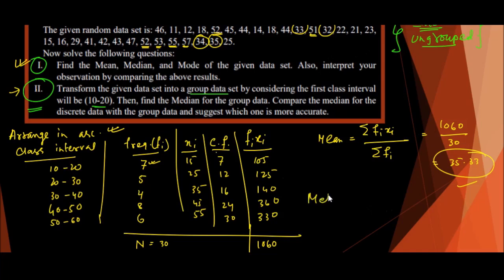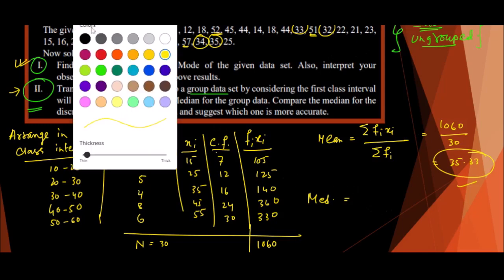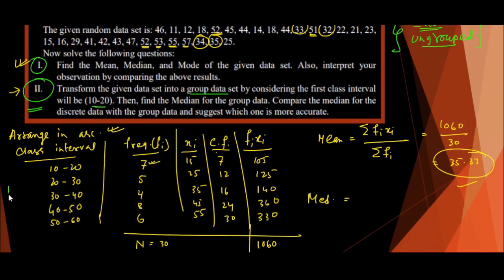Median value. Okay, median. So in that case, here you have n value as 30, it is an even number. So in that case, what is the median value? You need to find the median class from this data set. If you consider n by 2, what is the n by 2 value? N by 2 means here in this case 15, and just check where this 15 is crossed.